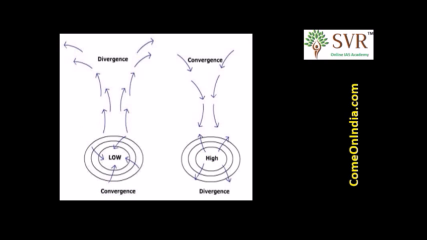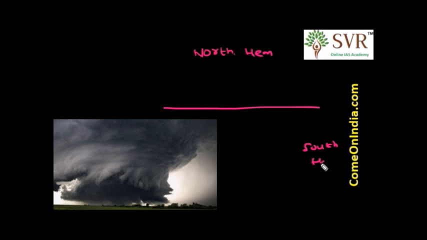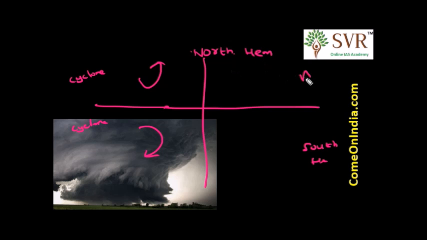Now another very important prelims point is that cyclones flow anti-clockwise in the northern hemisphere and clockwise in the southern hemisphere.